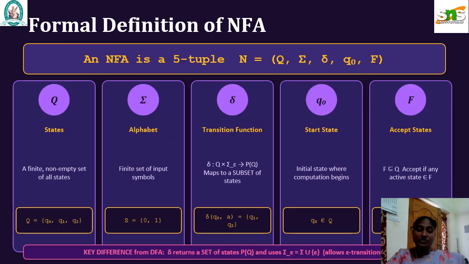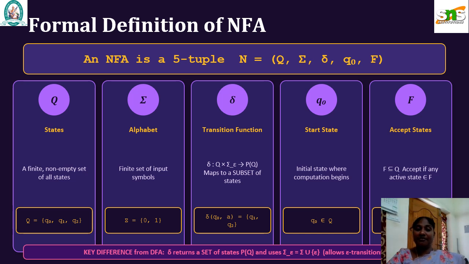The formal definition of NFA. An NFA is also a five-tuple. Capital Q is a set of states, which includes a finite number of states. Sigma is the alphabet of input symbols.